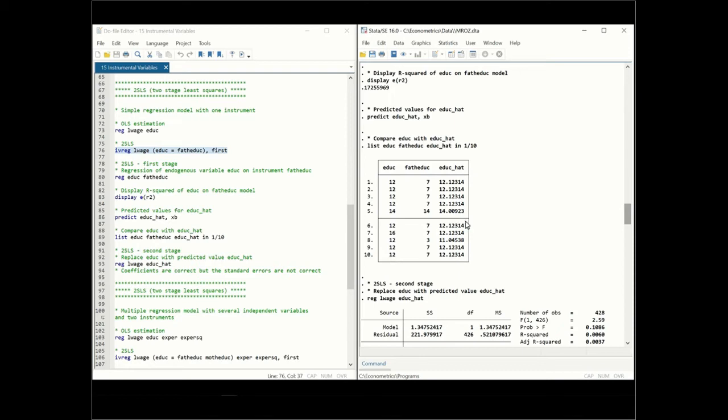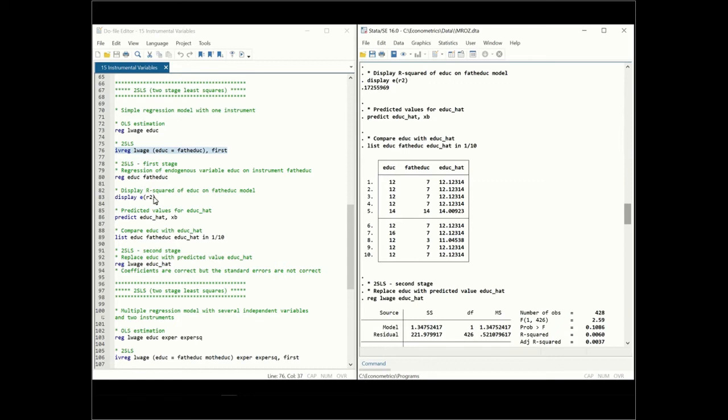And here is only the exogenous part of education that is based on father's education. What we're doing here is that the endogenous part from this regression is left in the residual, and I will talk about this later on when we test for endogeneity. But here we have education hat only carrying the exogenous information that's coming from father's education.